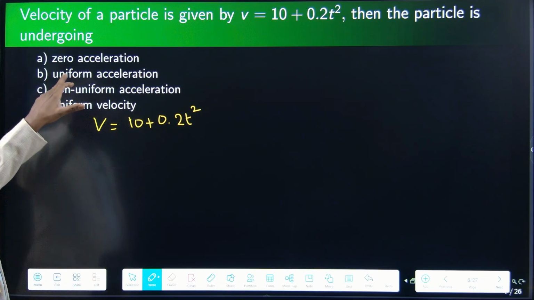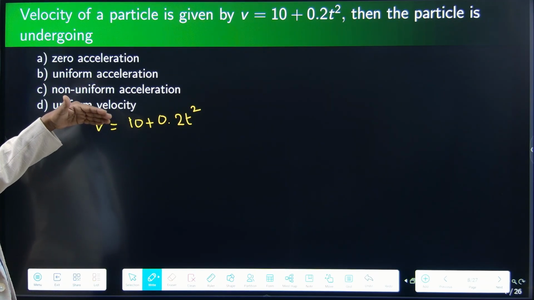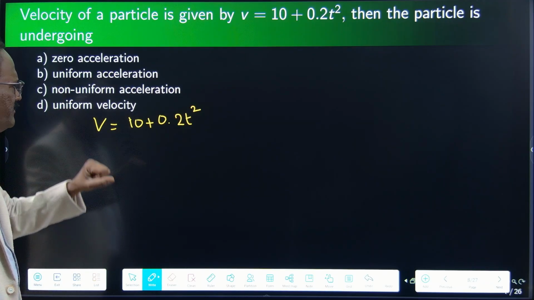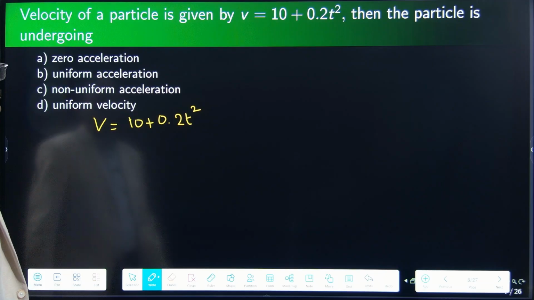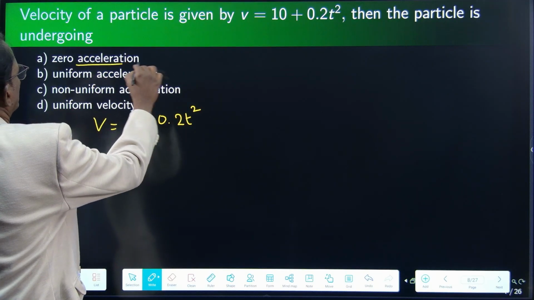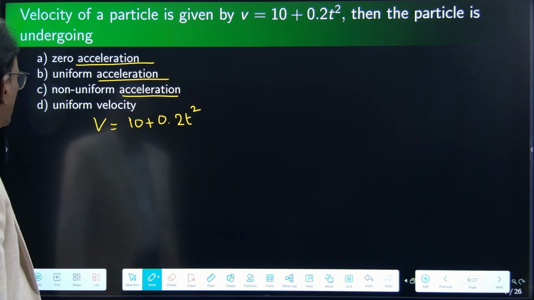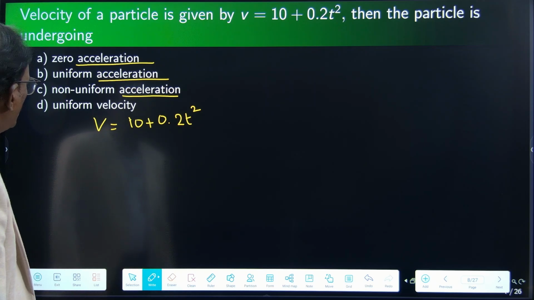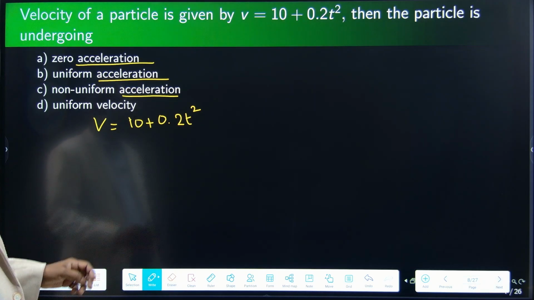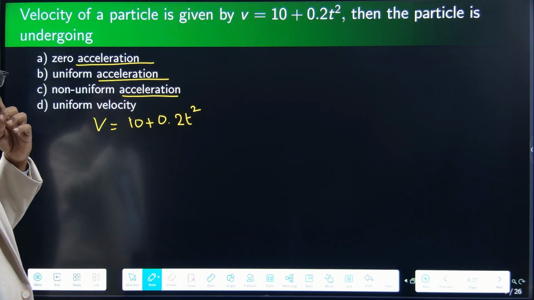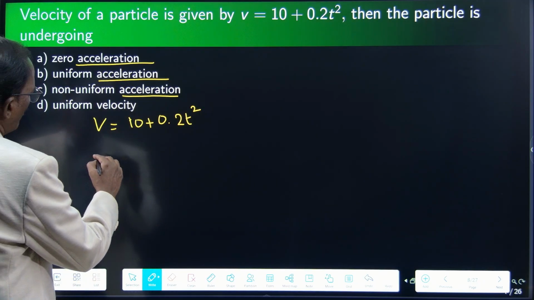Zero acceleration, uniform acceleration constant, non-uniform variable, then uniform velocity. In the first three cases, it is acceleration. So let us first find what is acceleration. Uniform velocity will not be the right answer.